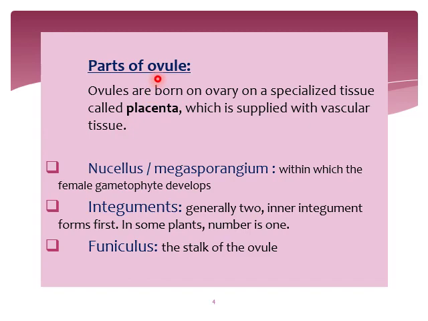If we see the structure of the ovule, then several parts are observed. Ovule is a structure which is actually born on the ovary on a specialized tissue which is called placenta. This placenta is supplied with the vascular tissue.